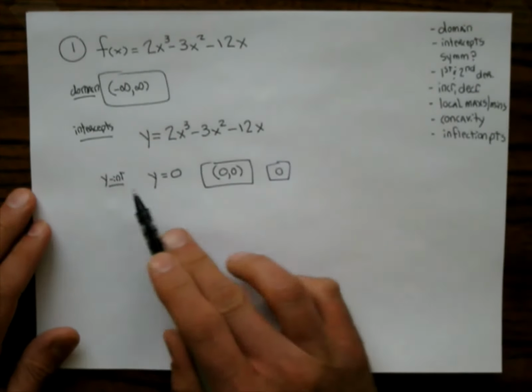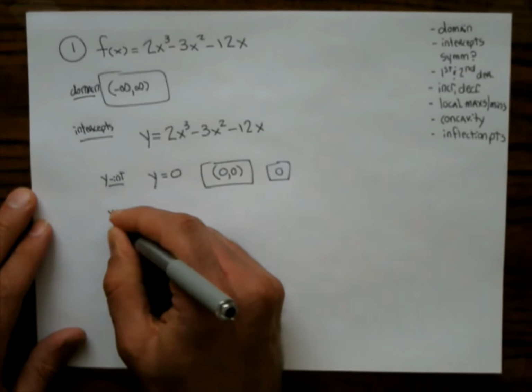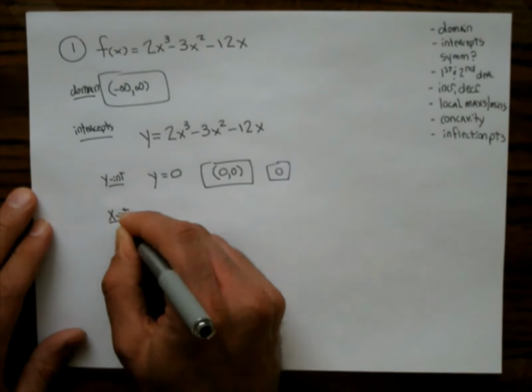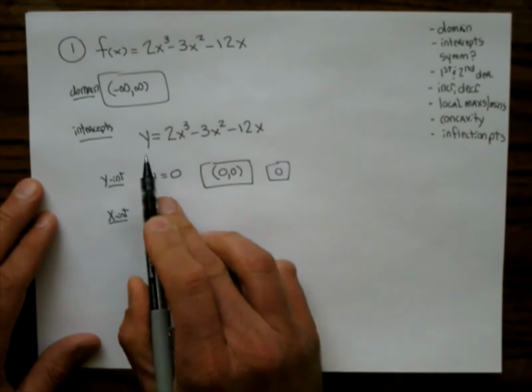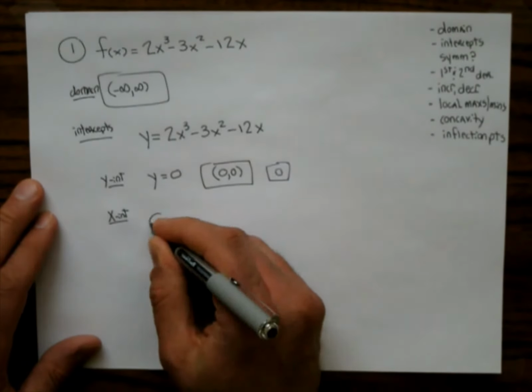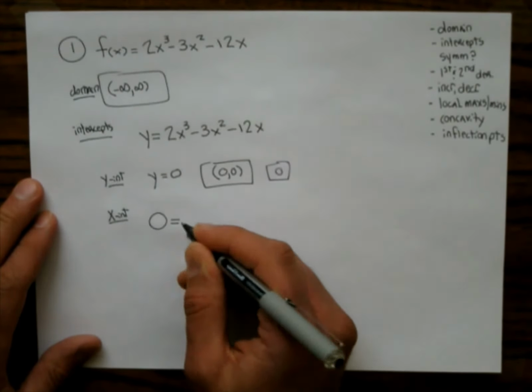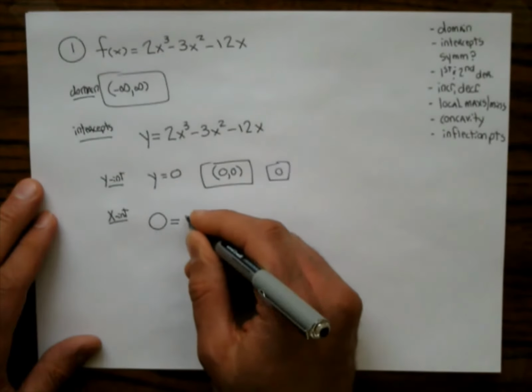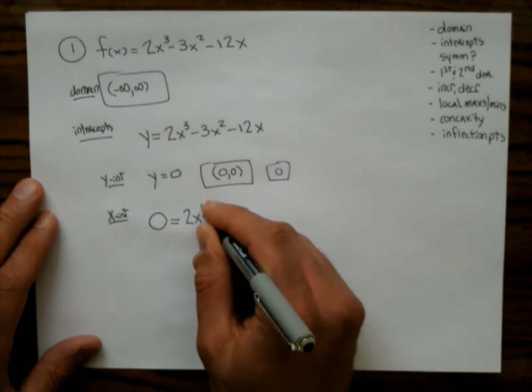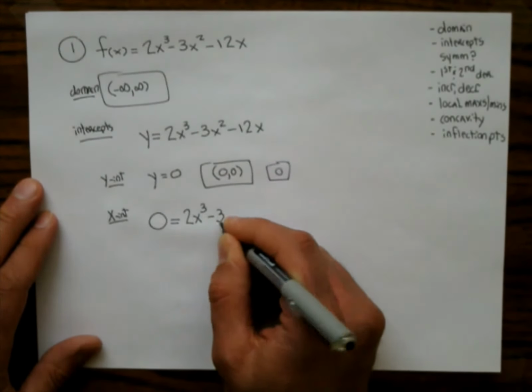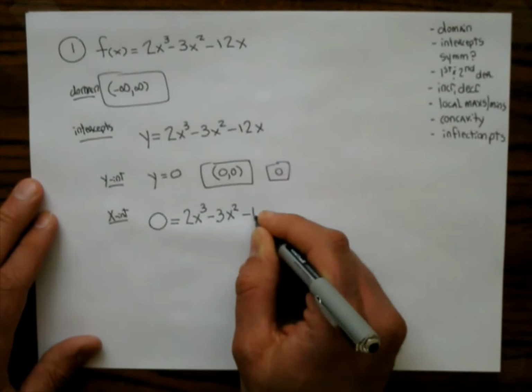Okay, we're still doing intercepts, and I have to find my x-intercept. To find my x-intercept, I set y equal to 0. So 0 equals 2x cubed minus 3x squared minus 12x.